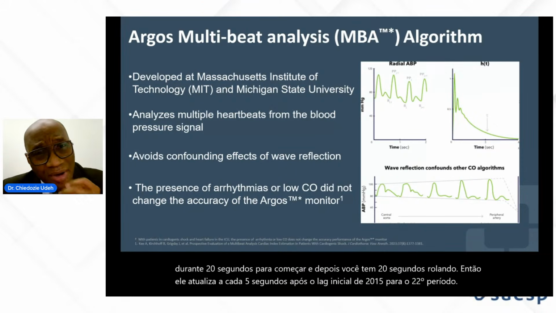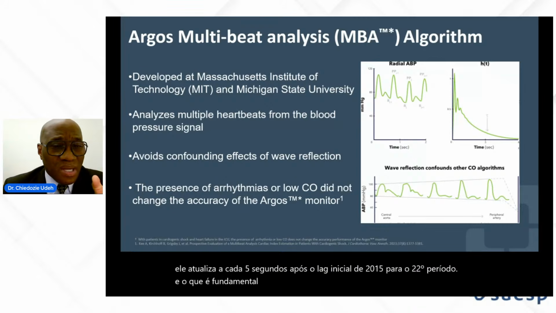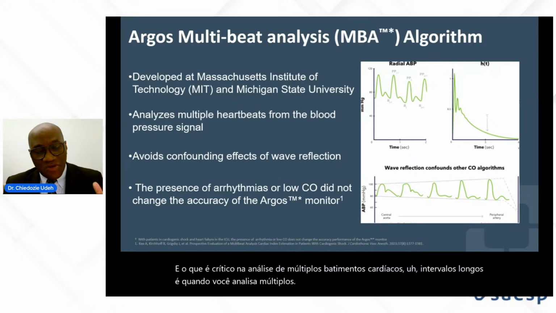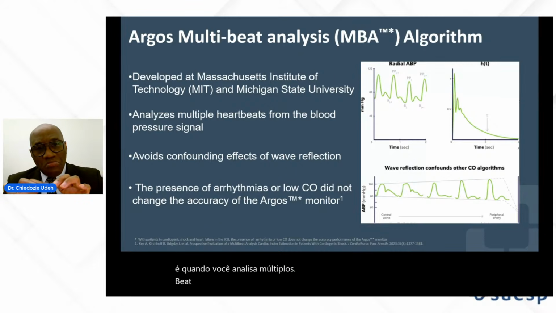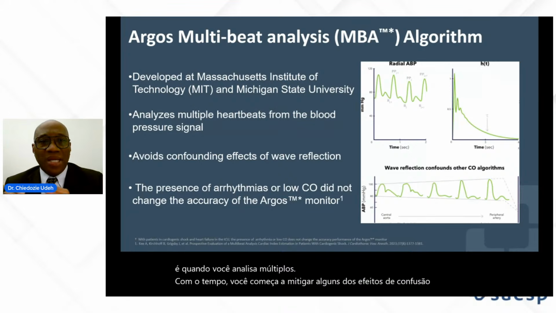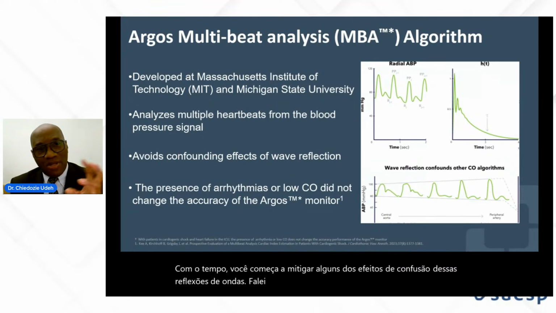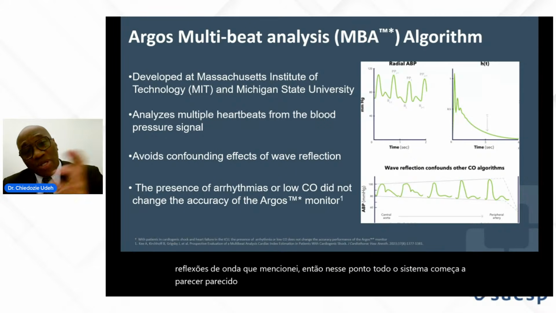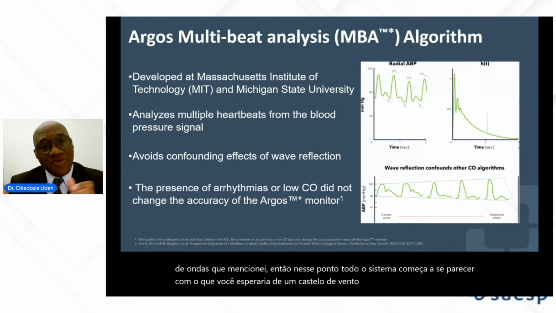What's critical about the multiple heartbeat, long interval analysis is that when you analyze multiple beats over time, you begin to mitigate some of the confounding effects of those wave reflections I talked about. So at that point, the whole system begins to look similar to what you would have expected with a Windkessel model, and you don't have those confounding effects.